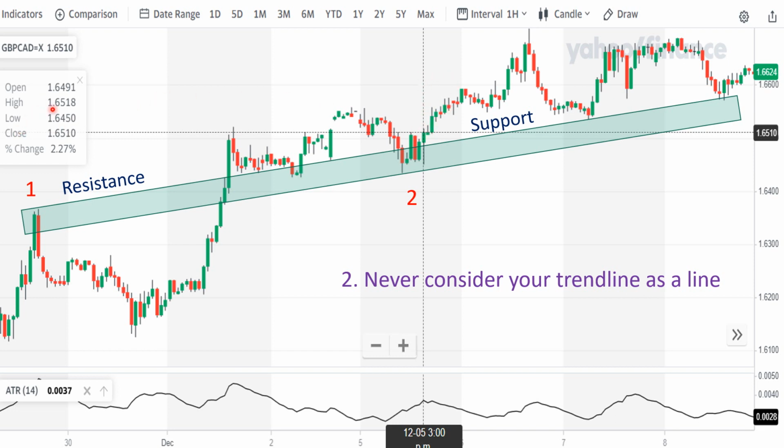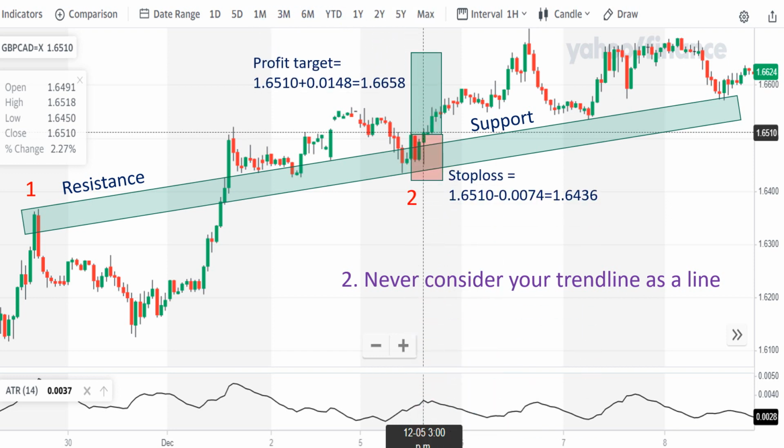And this is the information for this hammer, and this is the ATR value for this hammer, and this is my stop loss, and this is my profit target. So here we see in the second case that we lose the trade and money due to one simple mistake: never consider a trend line as a line, always consider it as an area if you do not want to lose money.